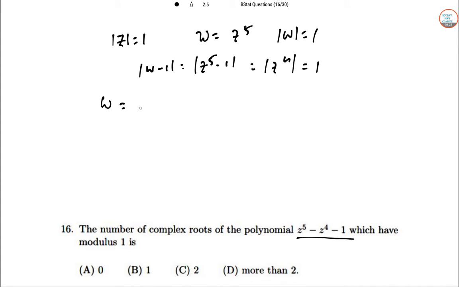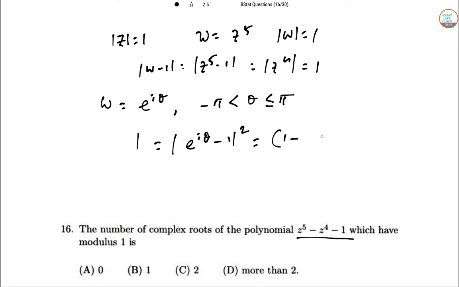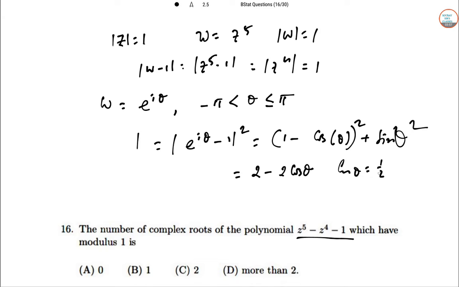So we write w equals e to the power i theta where minus pi is less than theta less than or equal to pi. So 1 equals mod of e^(i theta) minus 1 squared, which is (1 minus cos theta) squared plus sine theta squared. This is 2 minus 2 cos theta after applying the formula. So cos theta gives you half, and theta equals plus or minus pi by 3.